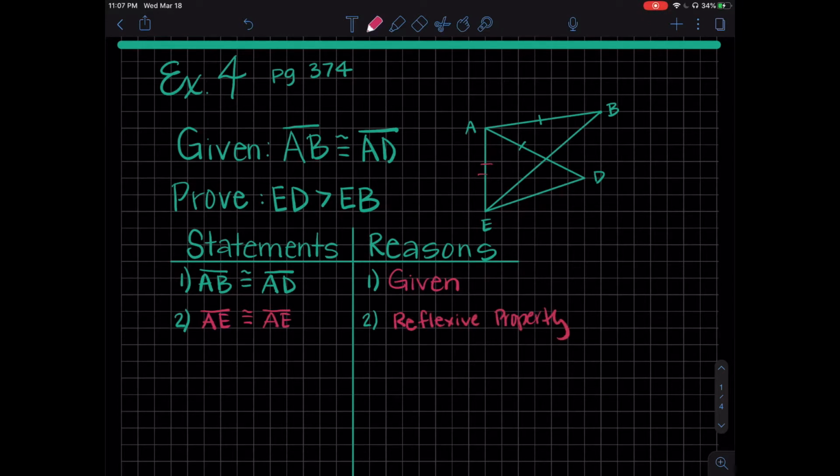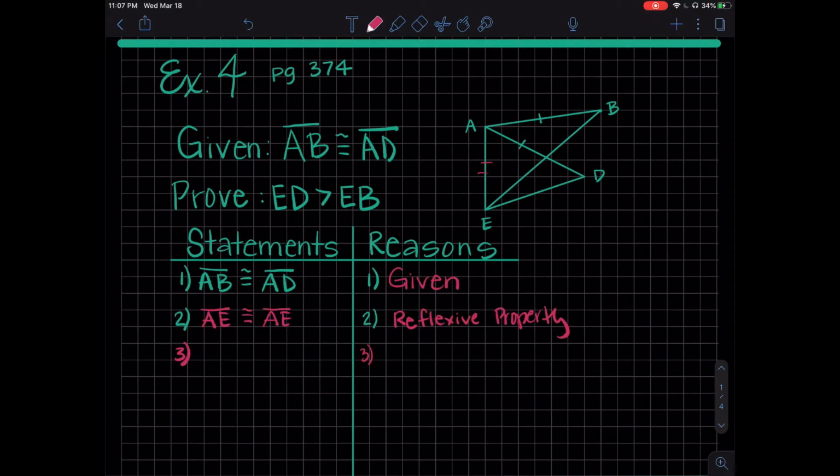Okay, so let's look at number 3. Where do we need to go from here? So we've said that this is congruent, so we now have two sides, and then we have two sides again.